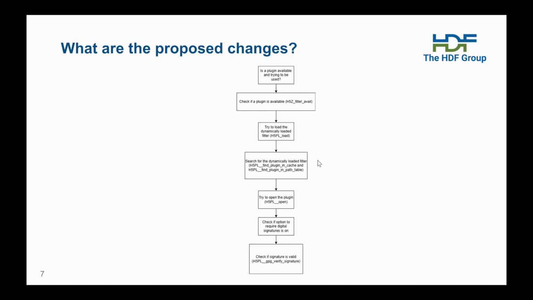Oh, and another question: will the user be able to override the settings with which the library was compiled? For example, it was compiled with the high verification option. Will they be able to turn it off with an environment variable so the plugin is not tested?